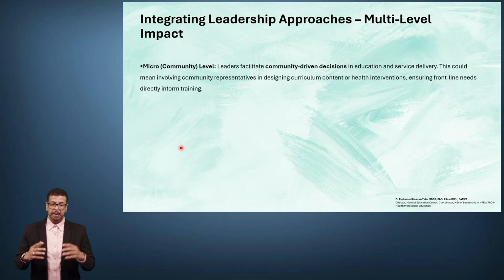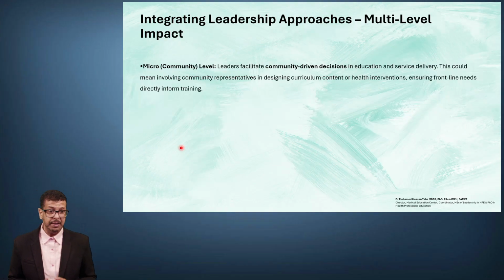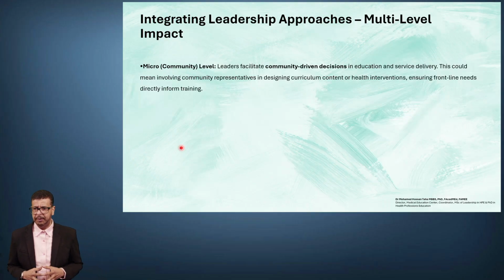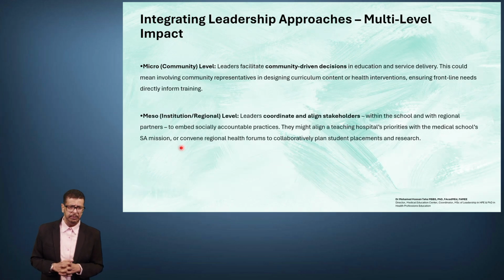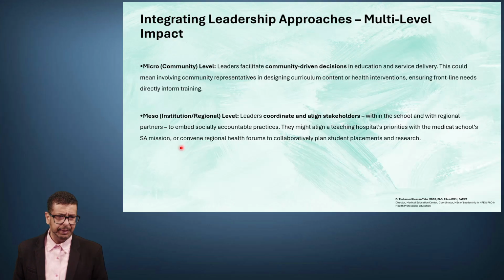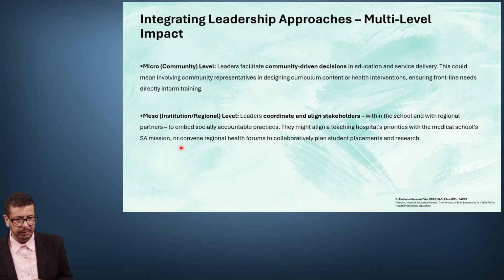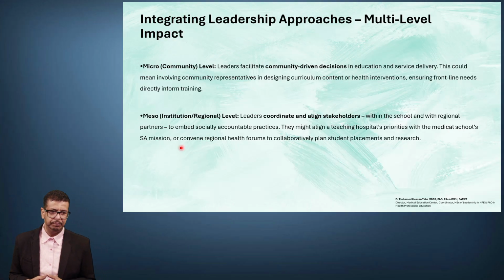Let us think about the micro level of the community. Leaders facilitate community-driven decisions in education and service delivery. This could mean involving community representatives in the curriculum, in the college board, advisory board, and so on. At the meso level, institutional and regional level, leaders coordinate and align with the stakeholders. Within the medical school and the regional partners, they can embed social accountability practice. This might align teaching hospitals with the medical school, admissions, regional forums, conferences, and so on.